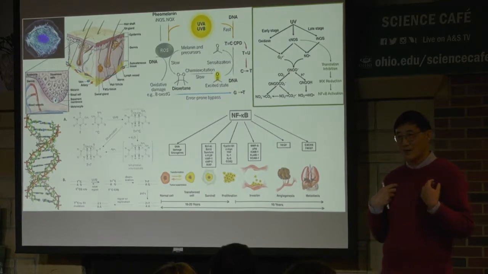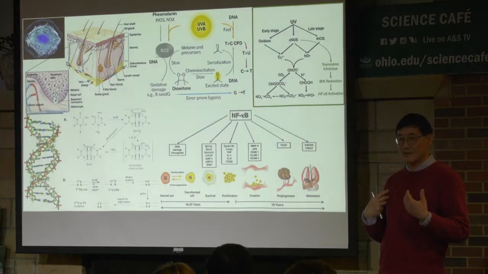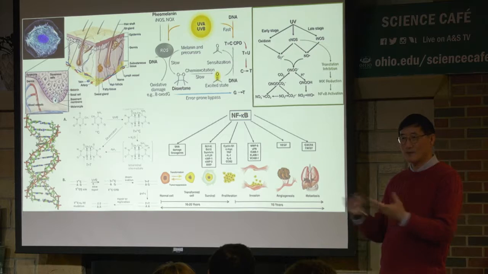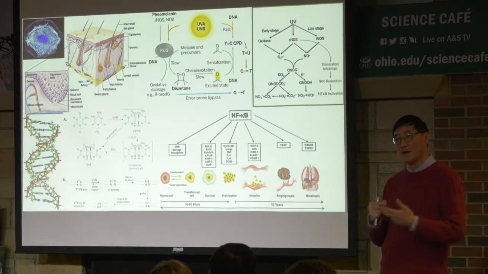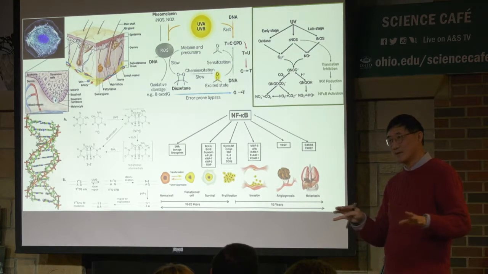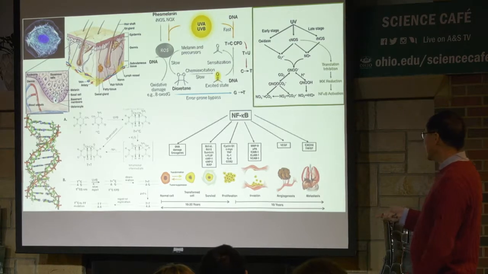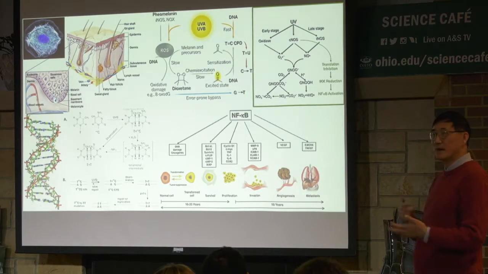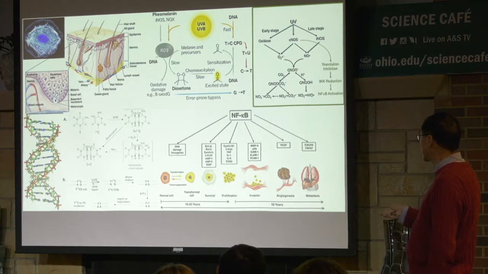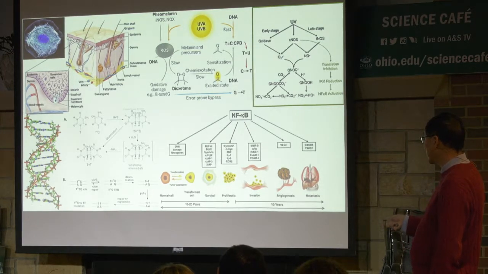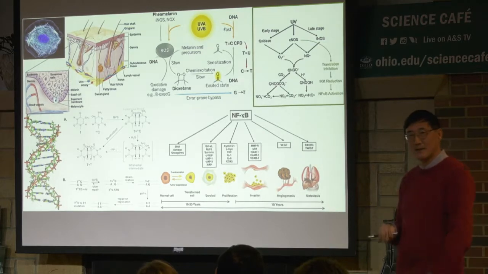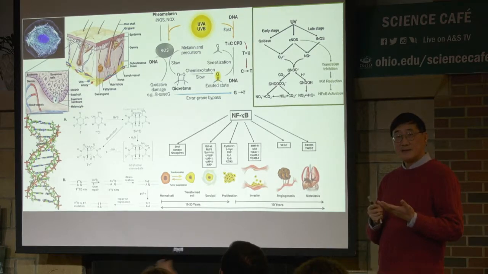Okay, our body is very good. Often we can correct ourselves, or we can kill them. Suicide mechanism removes, for example, a virus infection. All these, you just kill the bad cell. But if they survive, for example, like p53, or NF-kB, which we study a lot, they really promote a lot of different cancerous signaling pathways, and that causes a problem.